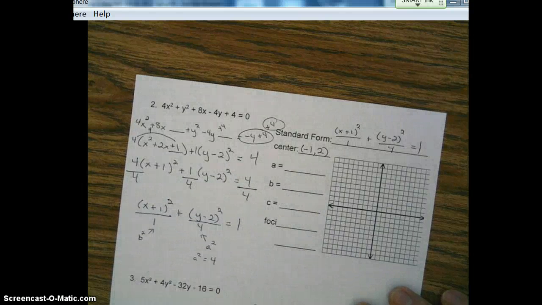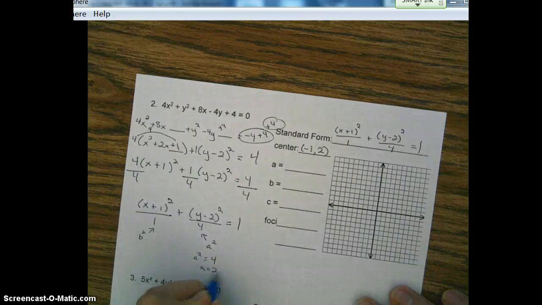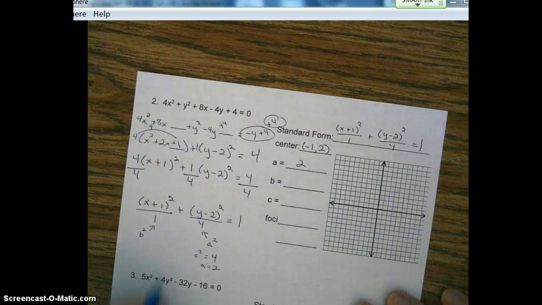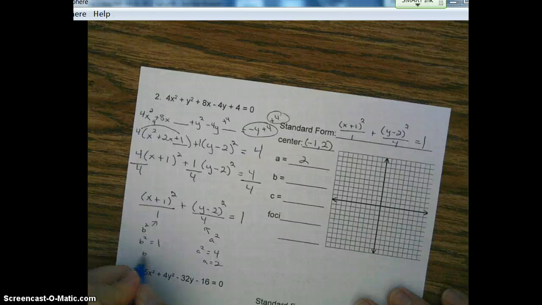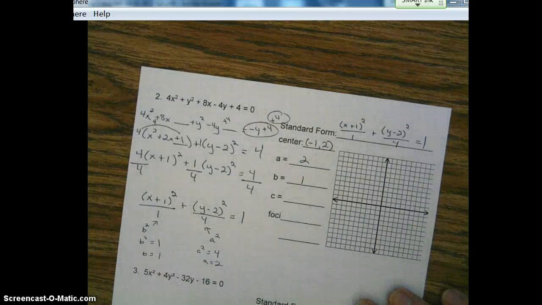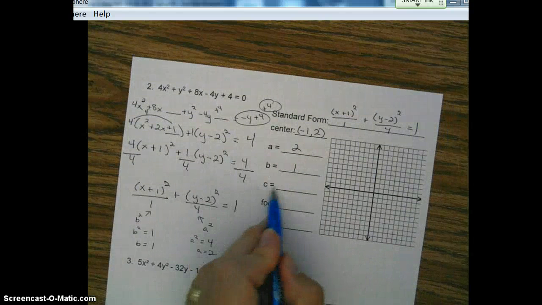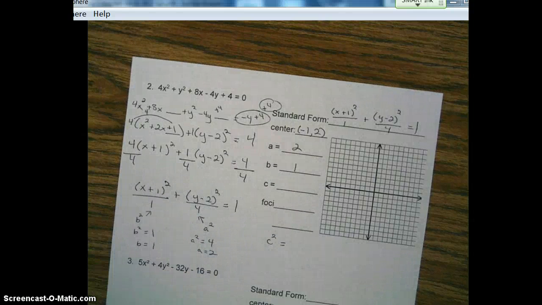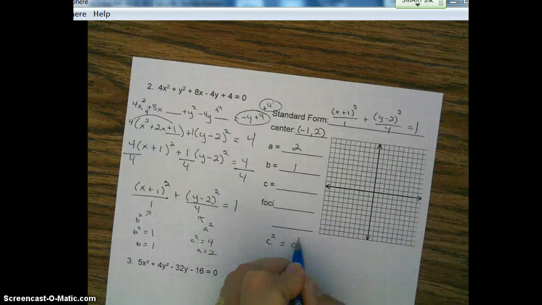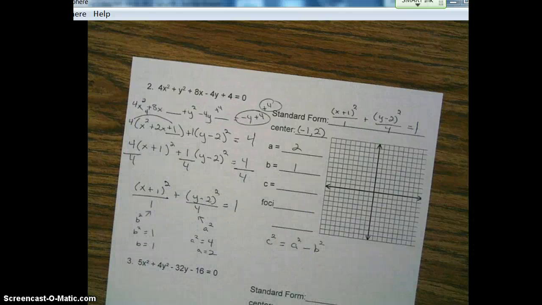Alright, so figuring out what A is, make the little formula. A equals 2. Oh boy, running out of time. Make your little formula. B equals 1. Alright, do you remember the formula for finding C? If you don't, you got to memorize it. Take your big term minus your little term.